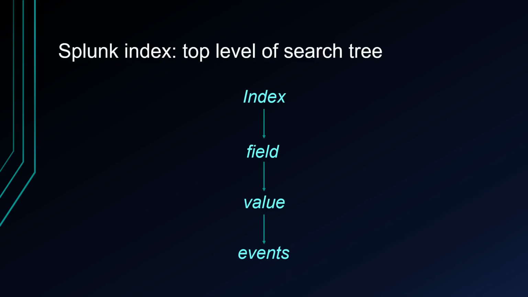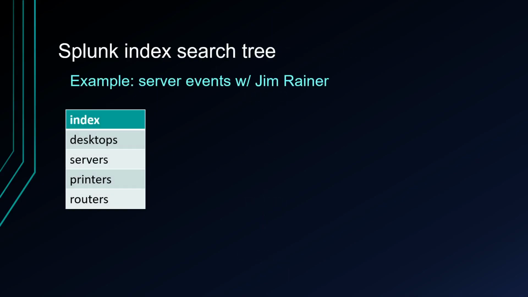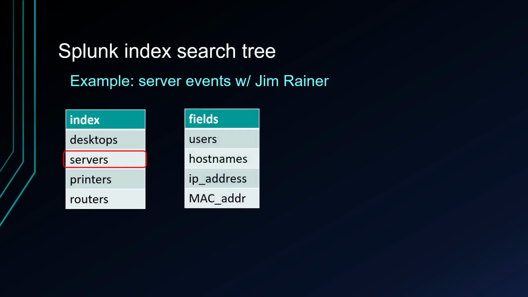Now let's go ahead and look at an example. Let's say that you're trying to find server events involving a user named Jim Raynor. So you see Splunk gives us 4 different indexes: desktops, servers, printers, and routers. Since we're looking for server events, we're going to select servers. Now Splunk gives us 4 different fields or categories: users, host names, IP addresses, MAC addresses.